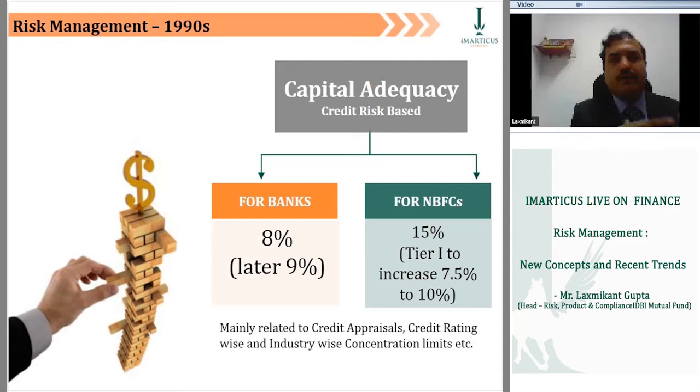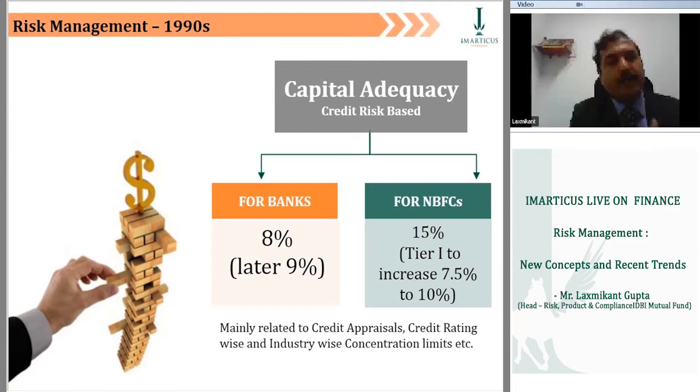The capital adequacy ratio for banks was prescribed at 8%. It means if capital is rupees 800, the risk-weighted assets could not exceed 10,000. Or, in other words, if the risk-weighted assets are 10,000, banks were supposed to have a minimum of 800 capital. Later on, it was increased to 9%.